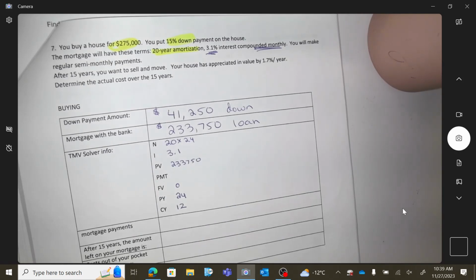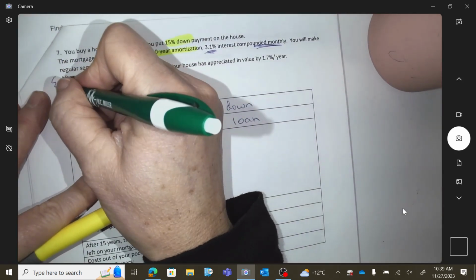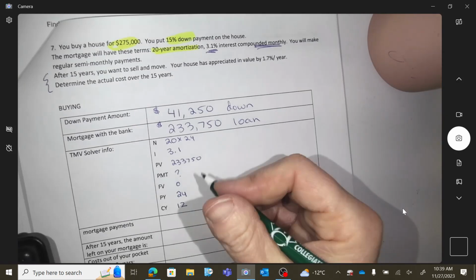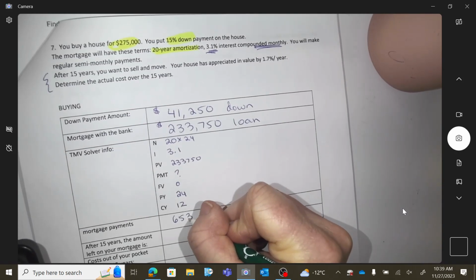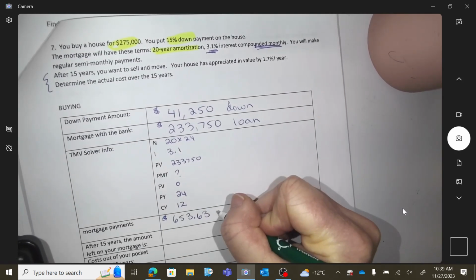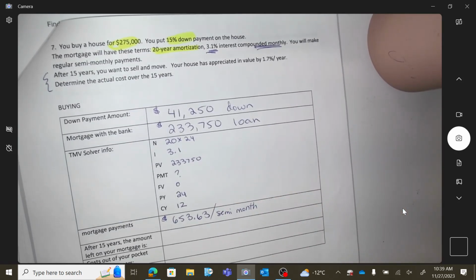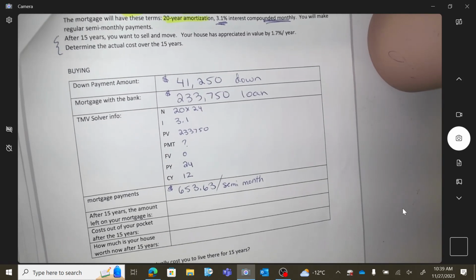Okay, and then we're going to move later. Let's talk about this. We're going to be moving in 15 years, but let's get our payment right away here. So think about that.